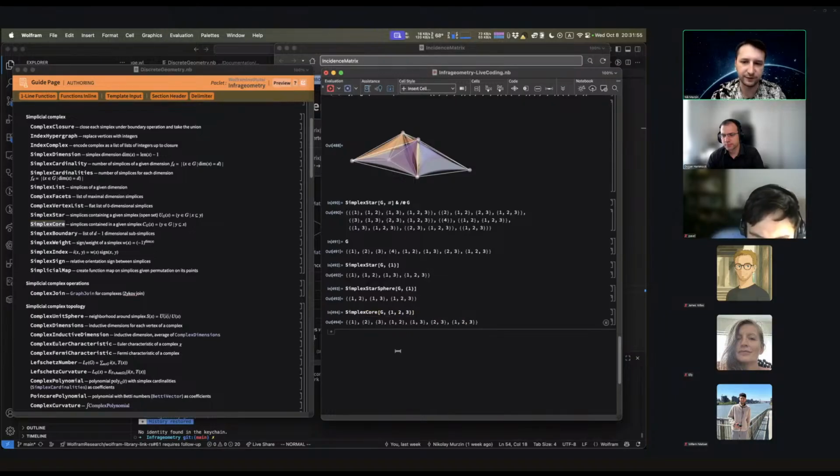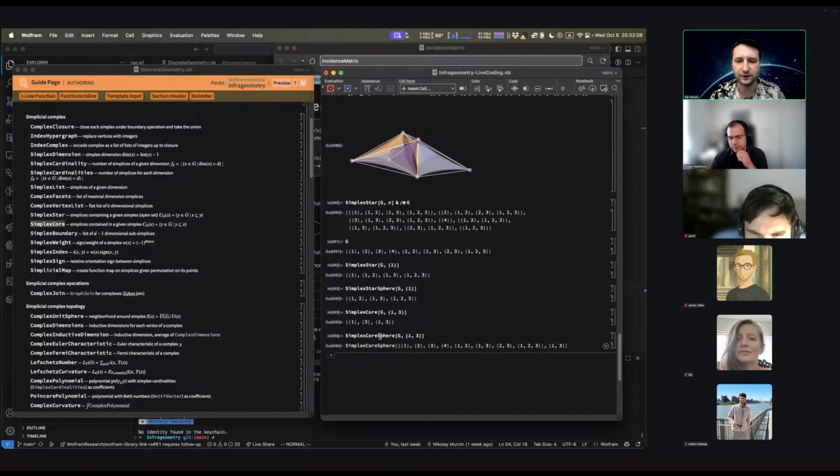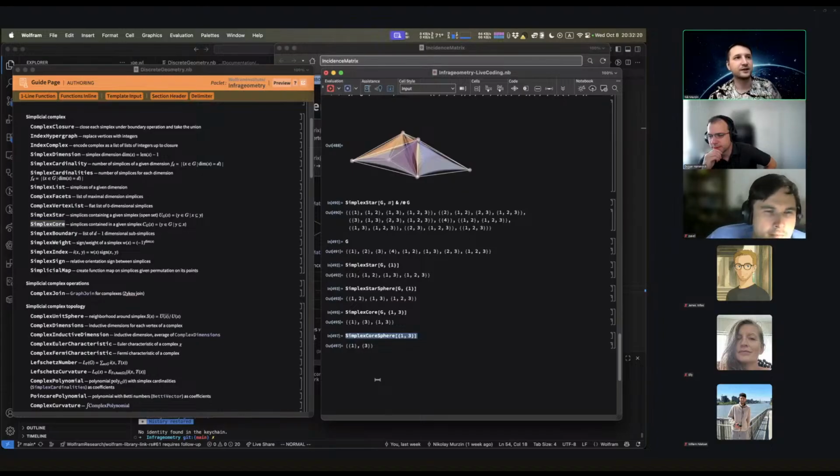For that face, for example, it's everything in it; for that edge, everything contained in it, including itself. And again, there's a simplex core sphere, which is all the simplices. In this case you don't even have to provide the complex, because everything contained in it you can already derive from the simplex itself.